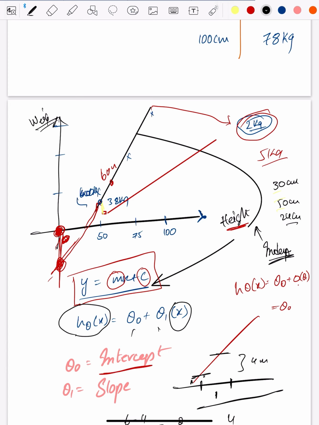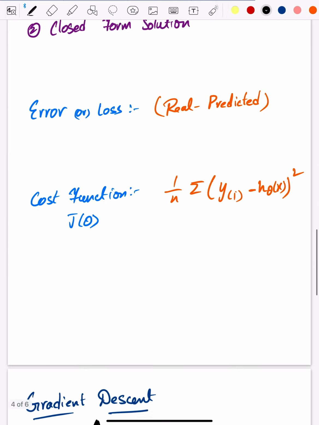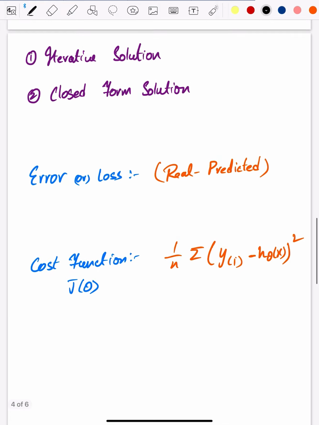You'll have a big data set, and you'll get all these errors. For instance, the original answer is 28, 50, 24. So the difference is 2, the difference is 0, the difference is 2, something like this. Then you add all of these to give the overall performance of the model. That is called the cost function.